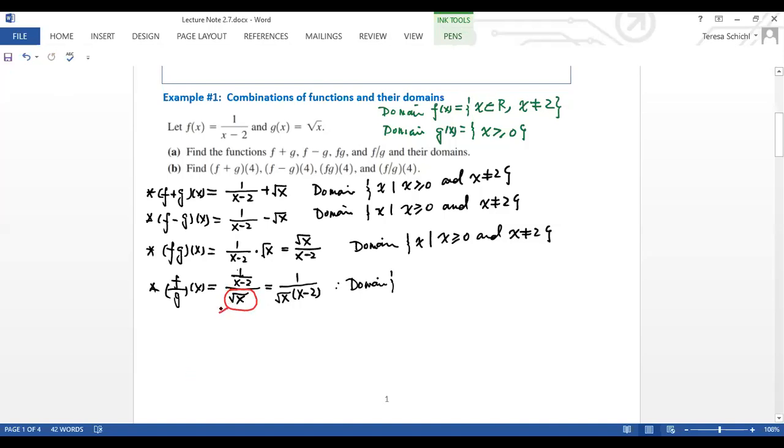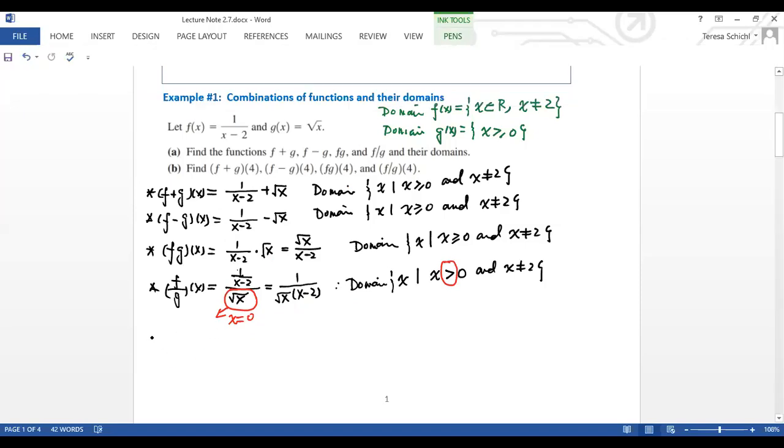The g of x equal to 0 happens at x equal to 0, so I need to exclude that value. Here I have to say x is greater than 0 and x is not equal to 2. That's why I only have x greater than 0: otherwise the denominator will be equal to 0.